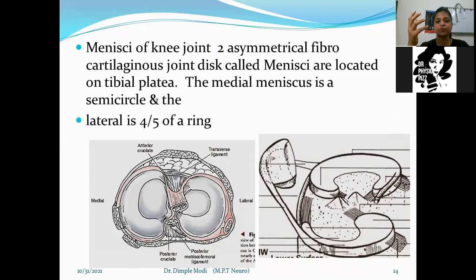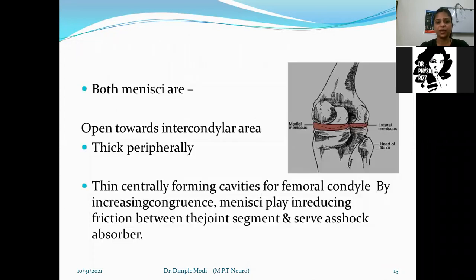So you can understand how the menisci play a major role in all the jerky and fast movements, and also help in protection of the joint. Both menisci are open towards the intercondylar area, thick peripherally and thin centrally. They help in reducing the friction within the joint and serve as shock absorbers.